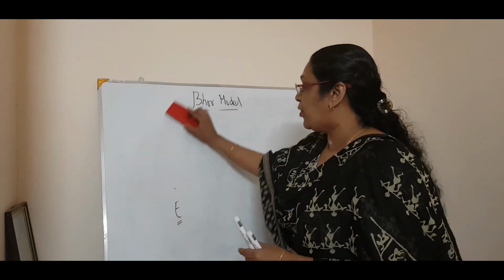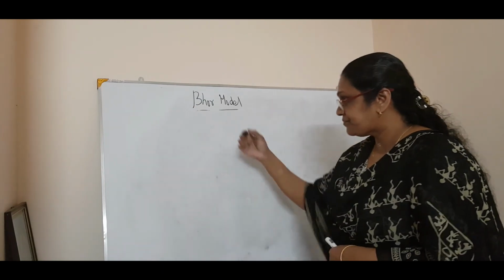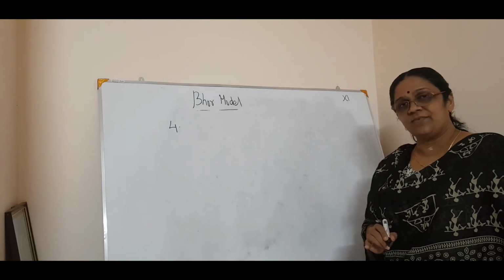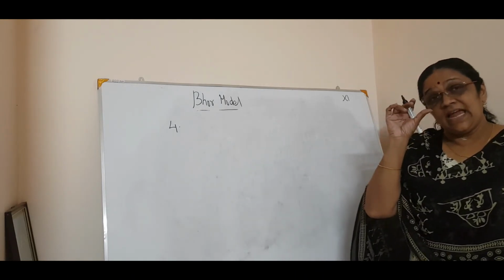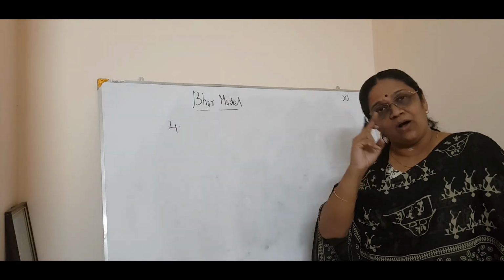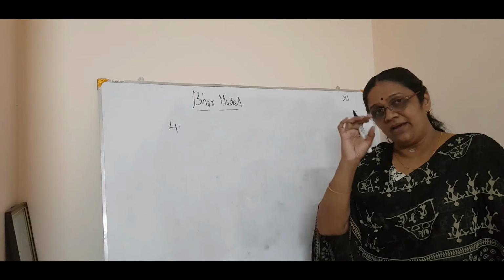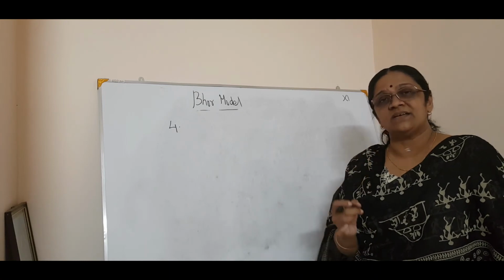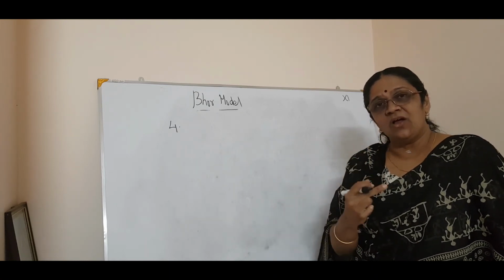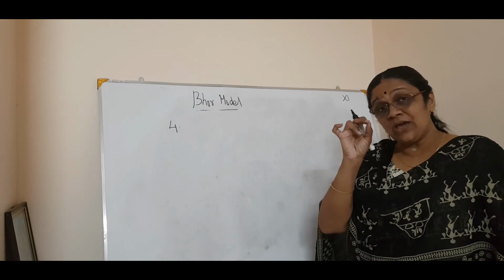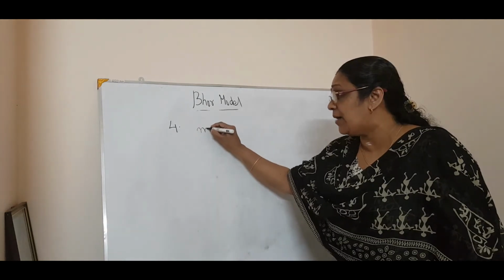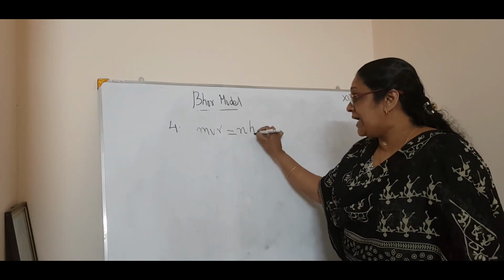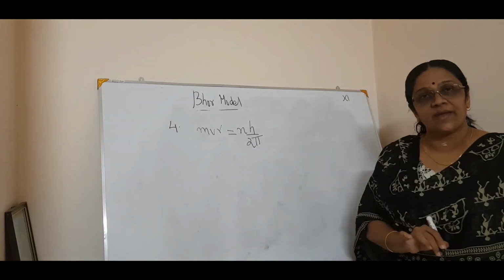Now we will see the fourth postulate. This is an important thing. The fourth postulate is a very, very important postulate. What he said is, listen, the electron can revolve around the orbit, the stationary level or stationary orbit, only when the angular momentum of the electron, mvr, is equal to an integral multiple of h by 2 pi.